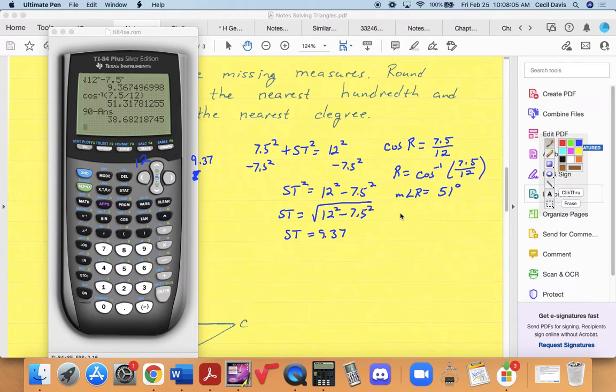When you round that to the nearest whole number, we get the measure of angle S is 39 degrees. You could have just done 90 minus 51. It's going to work out the same way. Yeah, if you round and then add or subtract, you don't get round off error. If you round and then multiply, divide, square, pretty much anything else, you get round off error. Now, how severe it is depends.